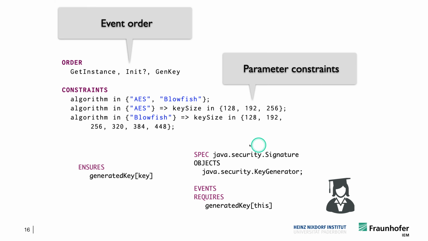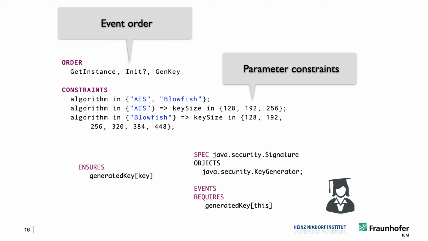And then other specifications, as you can see here, can require this, right? So, for instance, the signature specification can require that you have a securely generated key, okay? And this actually makes a lot of sense, right?